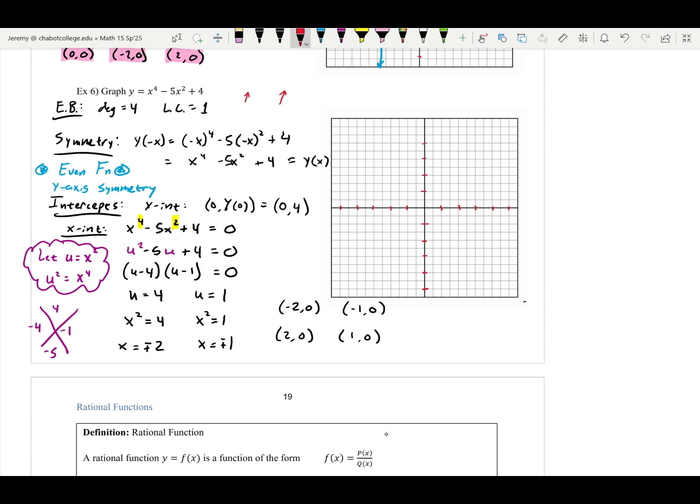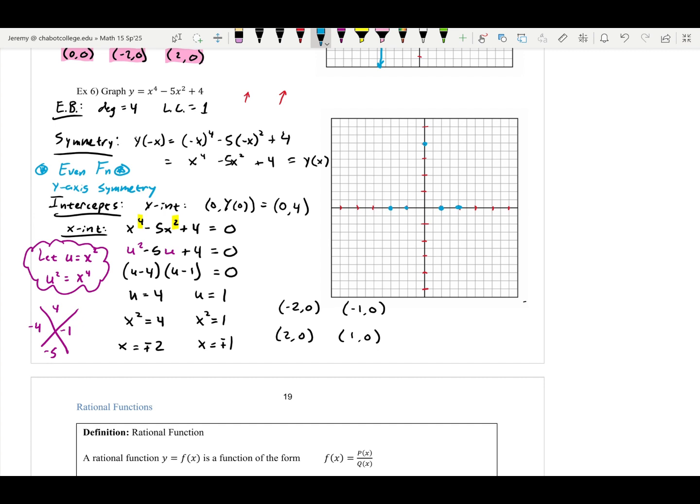But I think the graph should fit just fine if we do this. And I can plot my x-intercepts, which I know are at +1, -1, +2, -2. I have a y-intercept at +4.